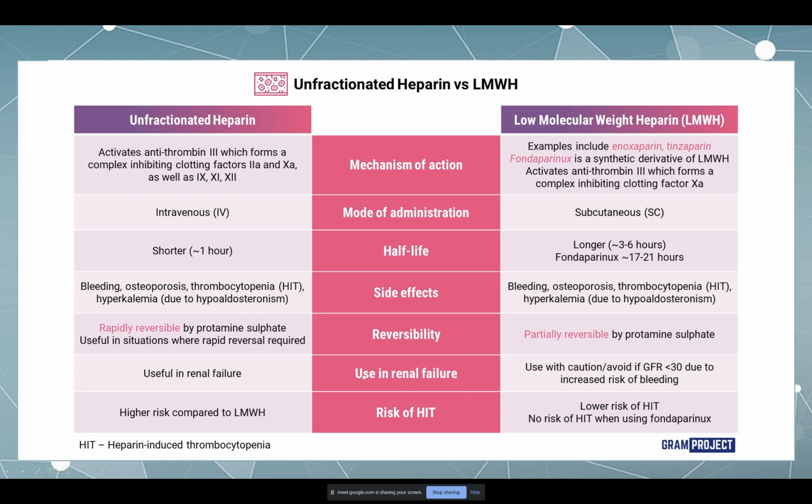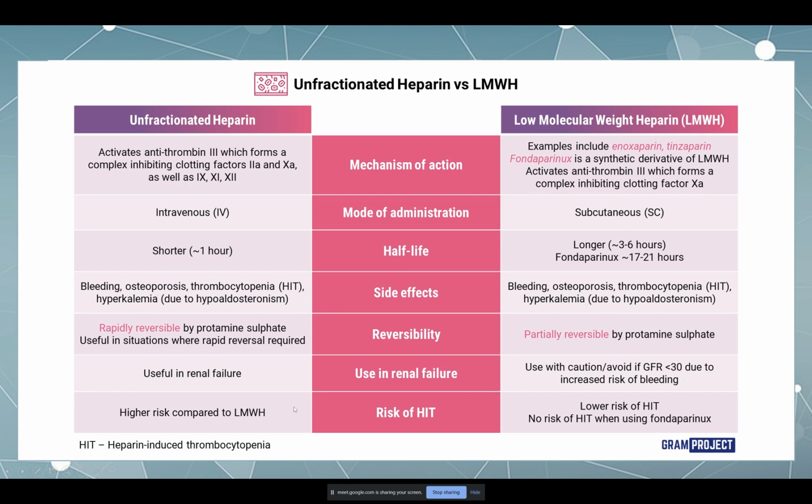In renal failure, unfractionated heparin is useful, but for low molecular weight heparin, we have to use it with caution. Avoid using it in patients with eGFR less than 30. It can increase the risk of bleeding.